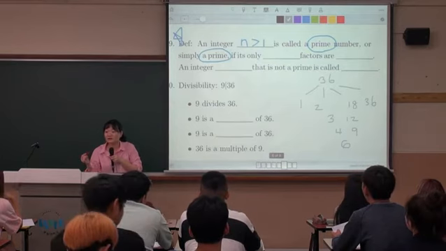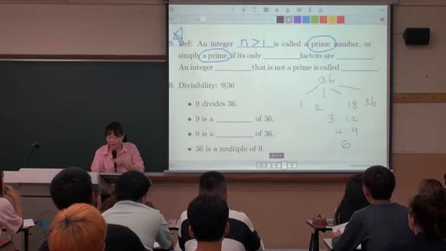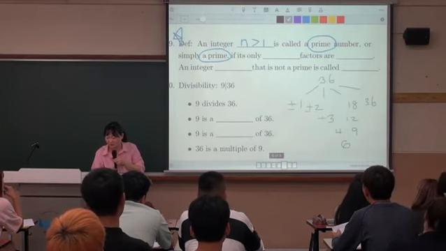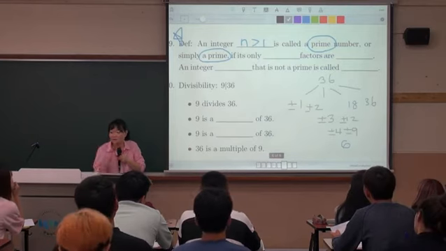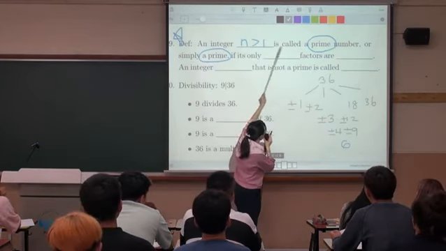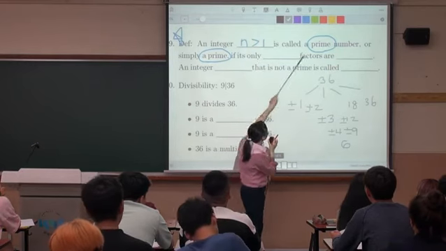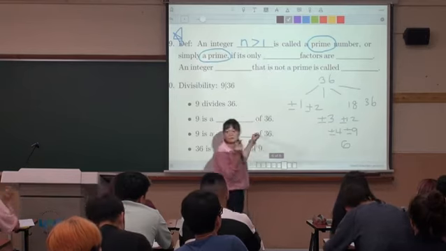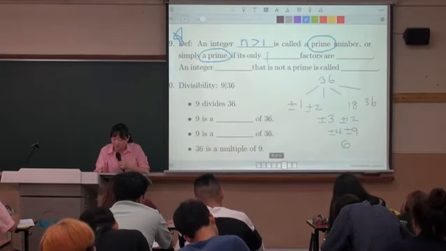Is that all? Yes, really? Minus. 이런 거 있죠? Yeah, and they can be minus numbers, yeah? So, an integer is called prime if it's only positive factors. We'll look at only positive factors.